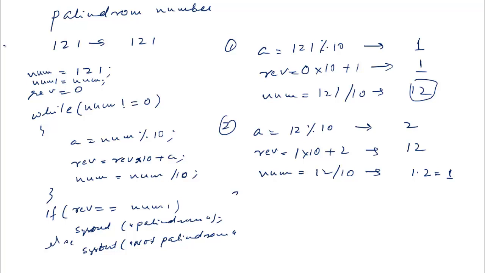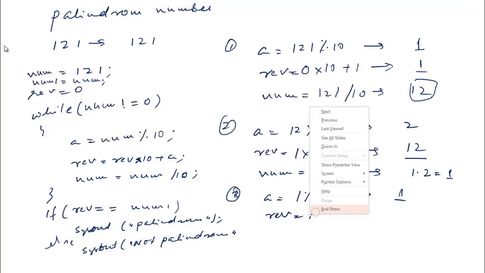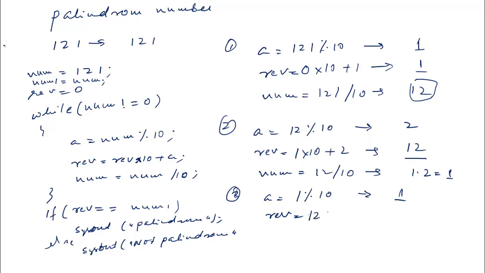Then the third iteration: now num equal to 1, so 1 percentage 10, the remainder is 1, and the previous reverse value is 12, so 12 into 10 plus 1, 12 into 10 is 120 plus 1, it becomes 121.